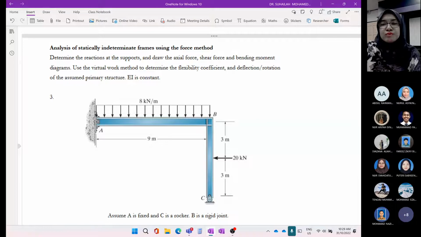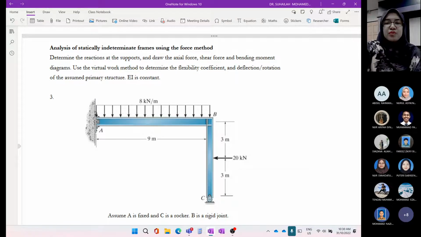We have to solve the redundant using the compatibility equation, which is based on displacement at the redundant position. The steps will be similar to beam analysis, and for the displacement formula we will have to integrate the moment equation.